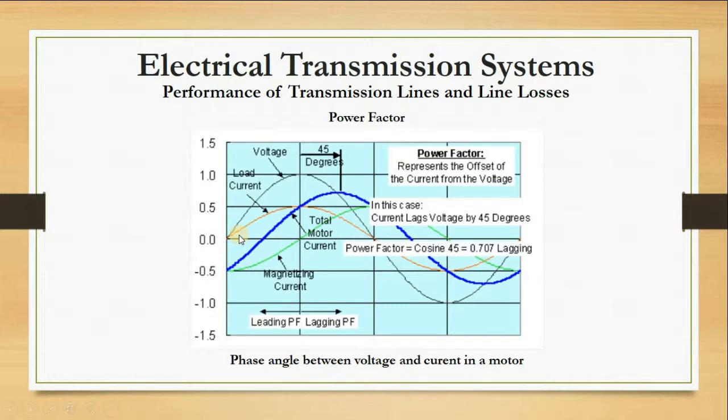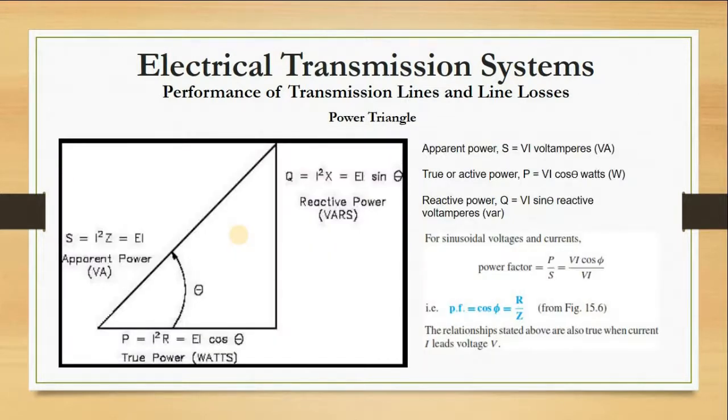If you want to understand leading and lagging in terms of the power factor, the phase angle between the voltage and the current, this is what we call the power triangle. Now we have apparent power, true power, and reactive power.